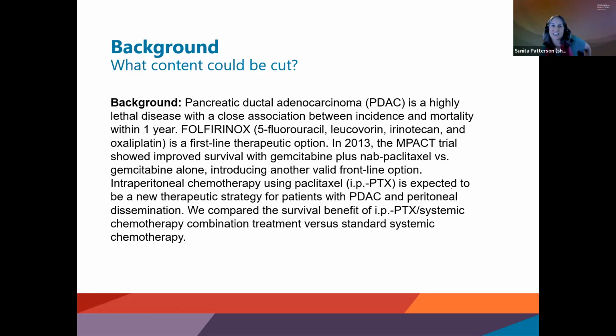What I've done is I've taken the 5 sentences of this section and put them in one by one, and you can vote on which ones you think might be candidates for cutting. Which of these sentences may not be really needed in our abstract? And you can pick multiple answers.